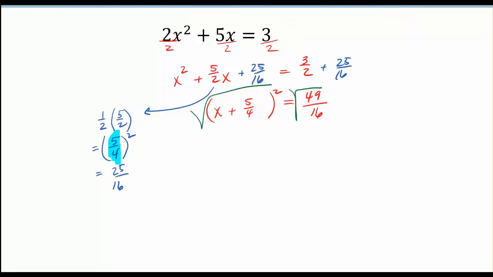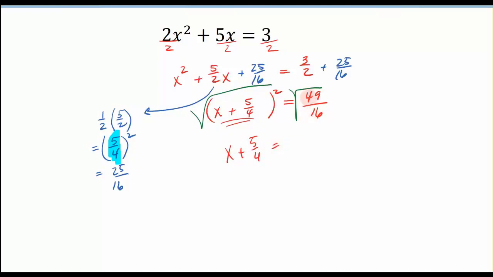So when I take the square root of the left-hand side, remember that the square root of something squared gives me back this base portion right here, or x plus 5/4. That's going to be equal to the square root of 49 over 16.